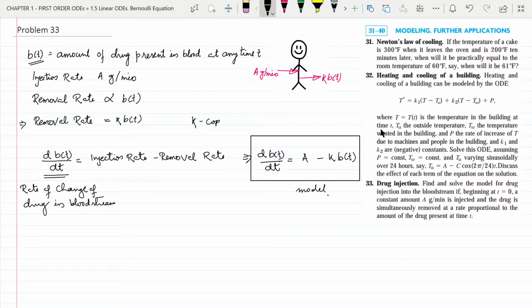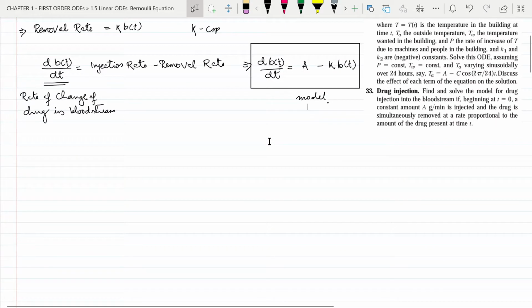So now I've found the model. Next let us solve it. We can solve this model in two ways, either by the separation of variables method or by using the method taught in this section, that is the linear differential equation method.